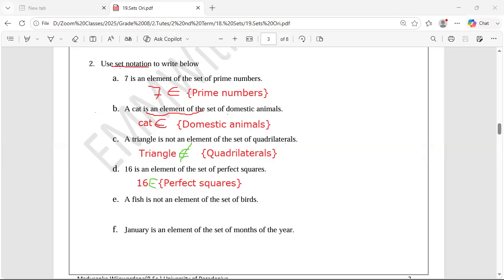Great, anyway. Super. Right. So a fish is not an element of the set of birds. Yes, it is correct. Fish is not a bird.